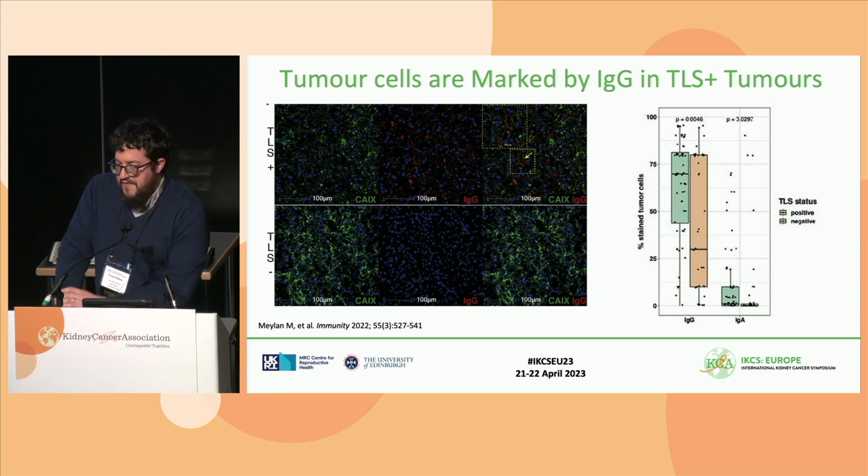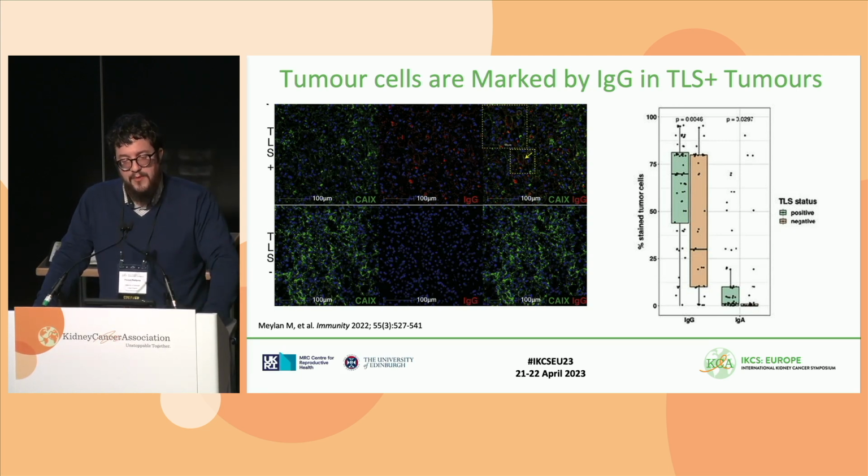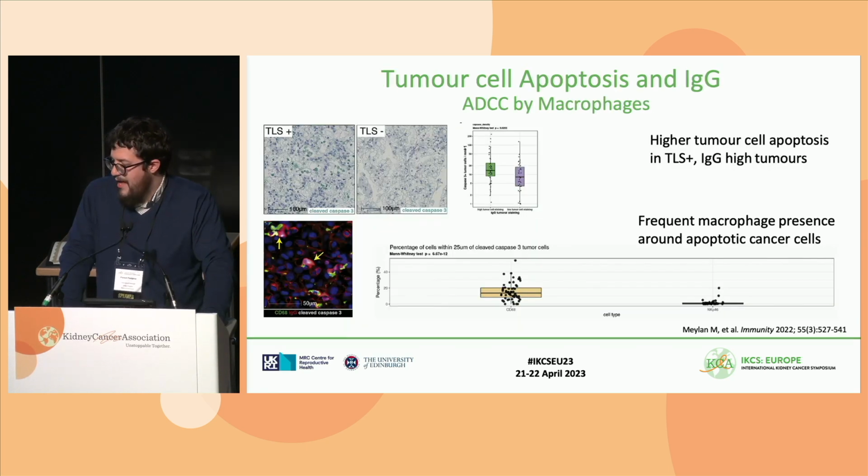And why is this interesting? Because then we looked at the tumor cells, and we saw that in TLS positive tumors, a lot of these tumor cells were actually marked by IgG antibodies. So we would have secretion of anti-tumor antibodies inside the tumor. Next to these antibody-bound tumor cells, we saw that a lot of them were undergoing apoptosis.